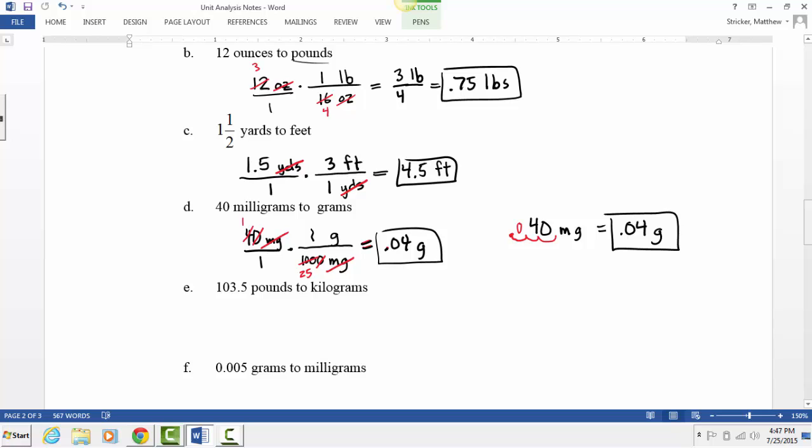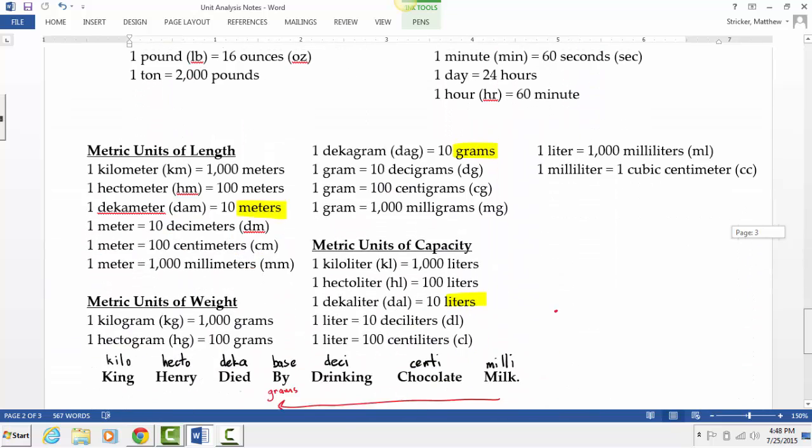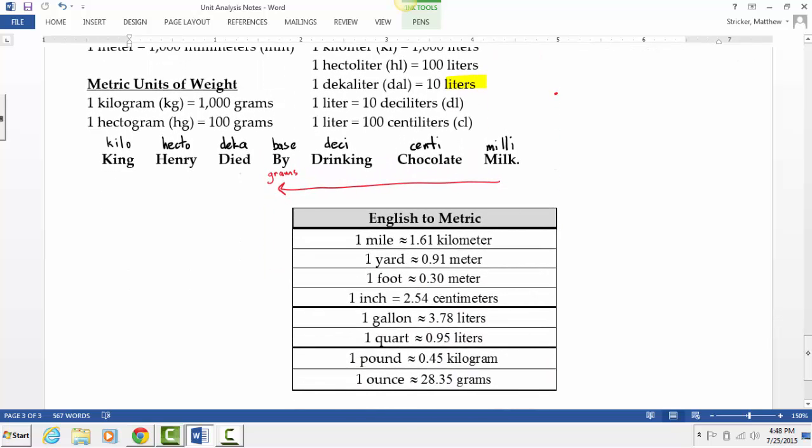The next problem is going from pounds to kilograms, and here we have an English to metric conversion. So we start out with what we're given, 103.5 pounds over 1 times, pounds on top, so we need pounds on bottom, kilograms on the top, and we're going to look down here at the bottom chart.